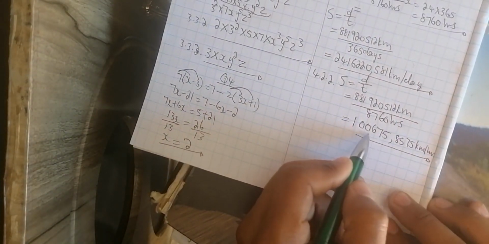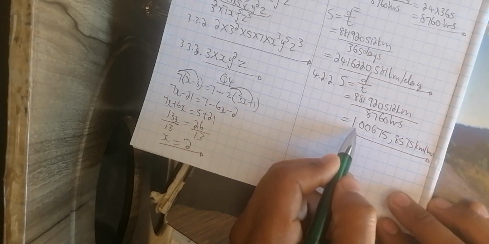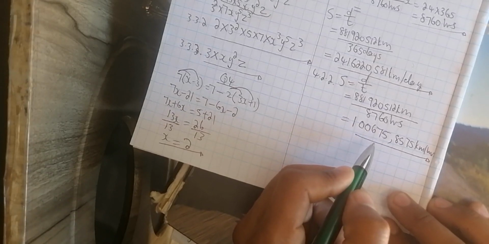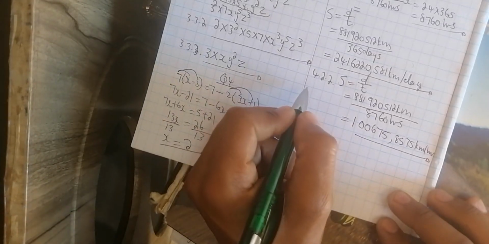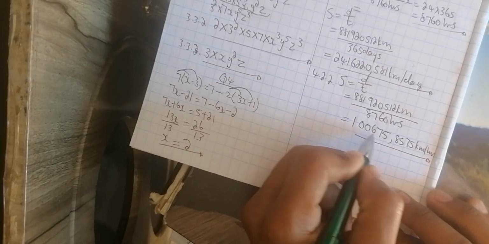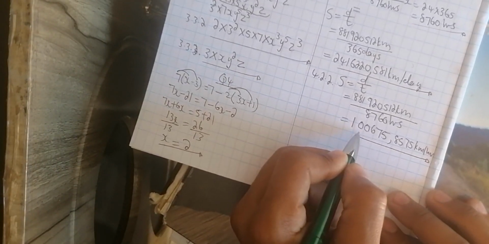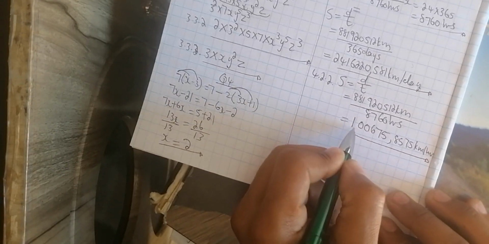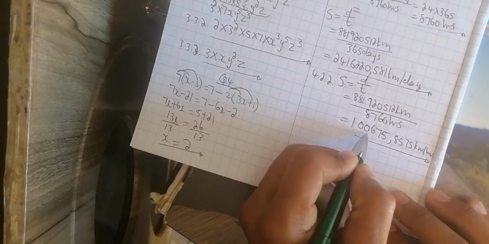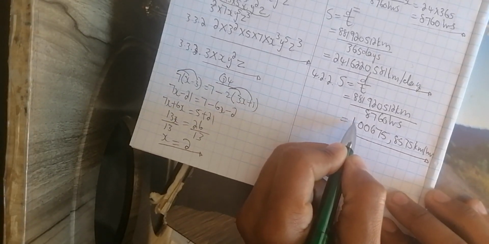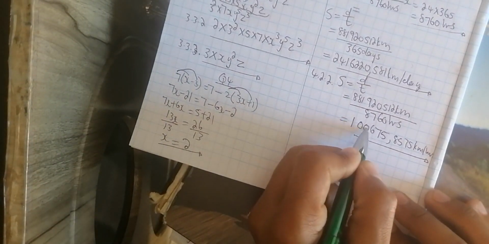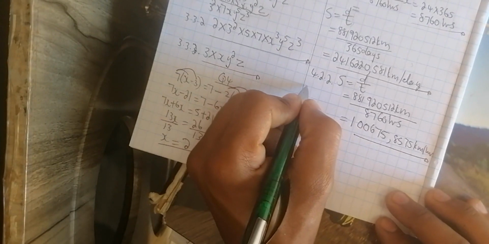What is this number? We have 1, 2, 3, 4, 5, 6 digits. So it's not a million. This number, 100,675, let's check: 1, 2, 3, 4, 5, 6, so you have 6 digits.